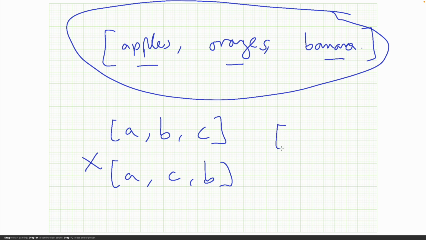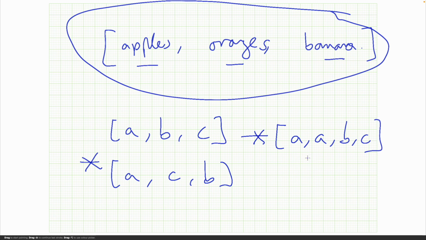And if I repeat things like A, B, C, that is also not the same. So the order and the repetition matters. There are other structures in other languages where that might not matter, but for Prolog, these lists, they're all lists, but they're different, and that's useful for us to know.